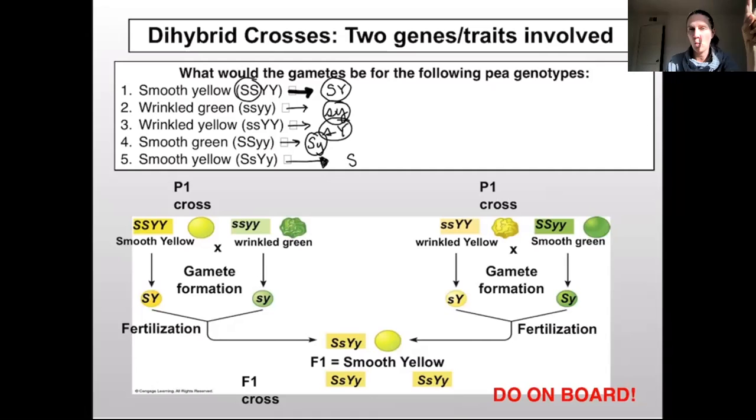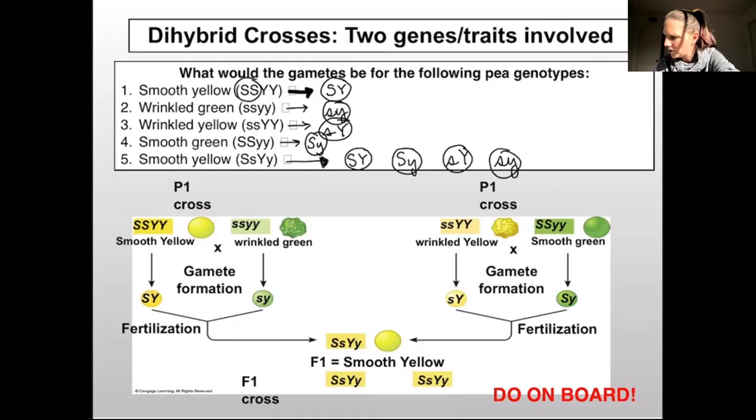You can either give a big Y or a little y. So you can have big S, big Y. You can have big S, little y. You can have little s, big Y. You can have little s, little y, right? So you can remember, one copy of every gene.